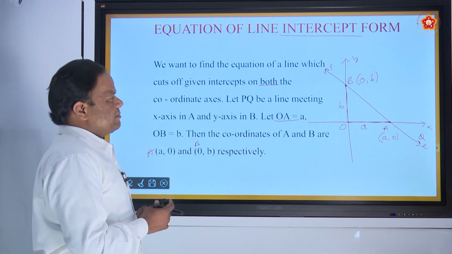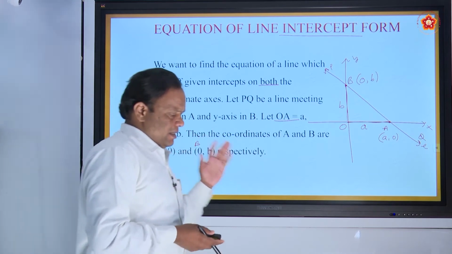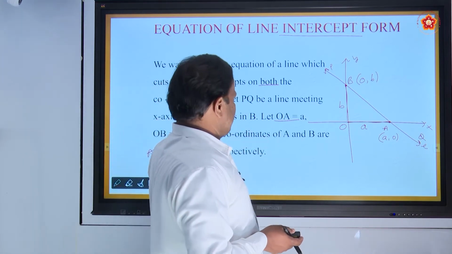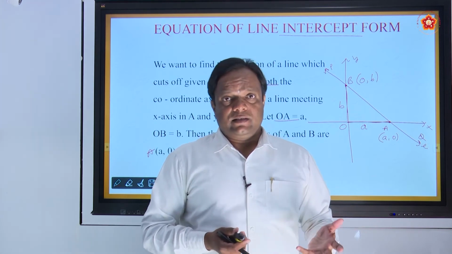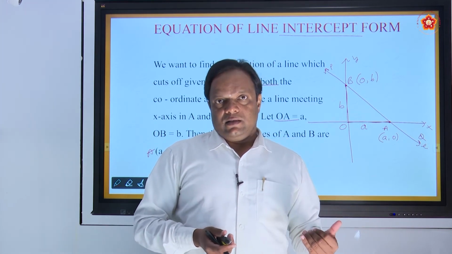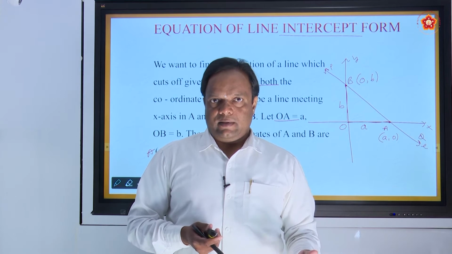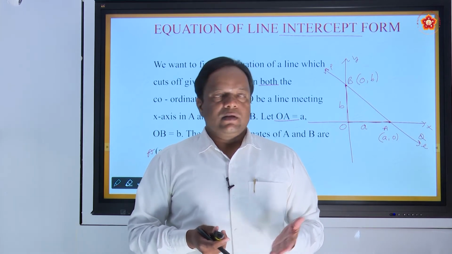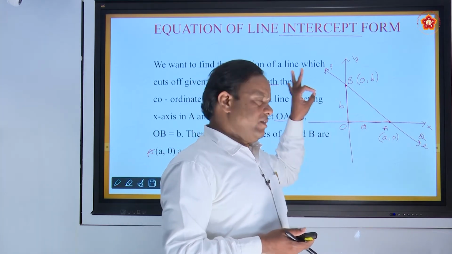I think it is very simple. First observe what is given here. No need to write it as it is, you can write your own sentences, but you have to write the correct OA and OB values, the intercepts, and draw the figure correctly. Draw the figure first.